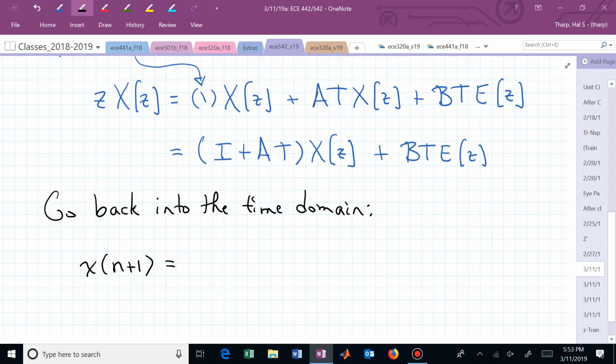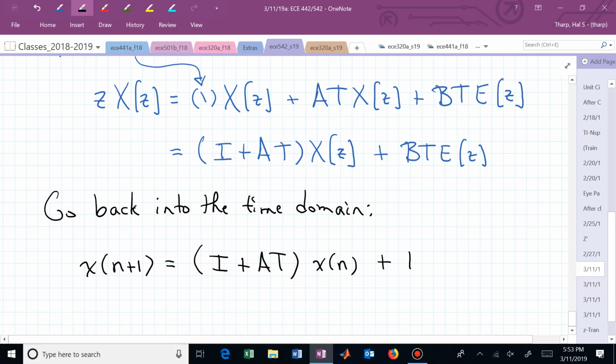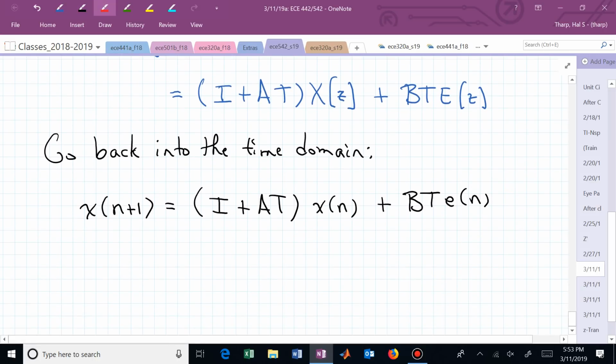Our system matrix is the I plus AT. Capital X of n becomes little x of n plus BT E of n. And now we can say that here is in fact our system matrix in the discrete equivalent.